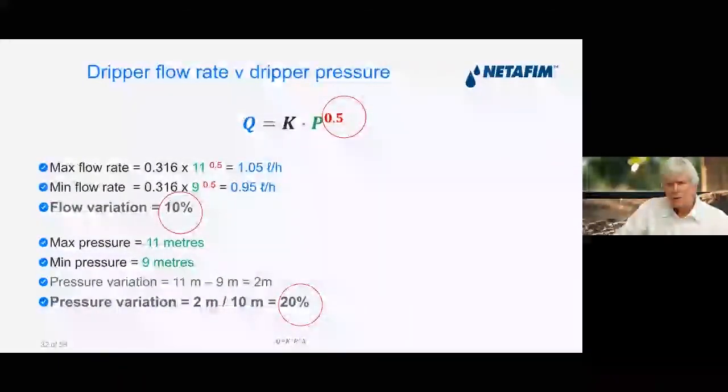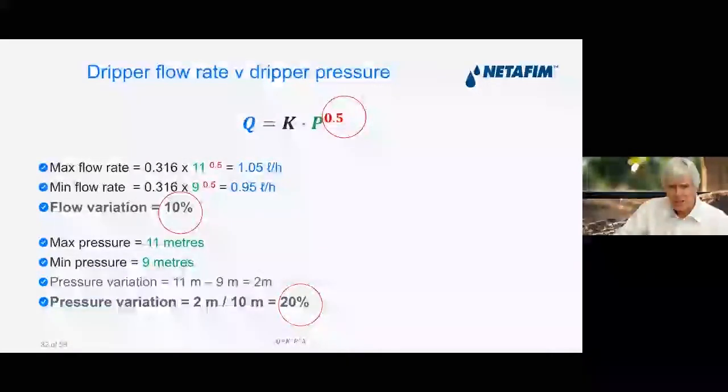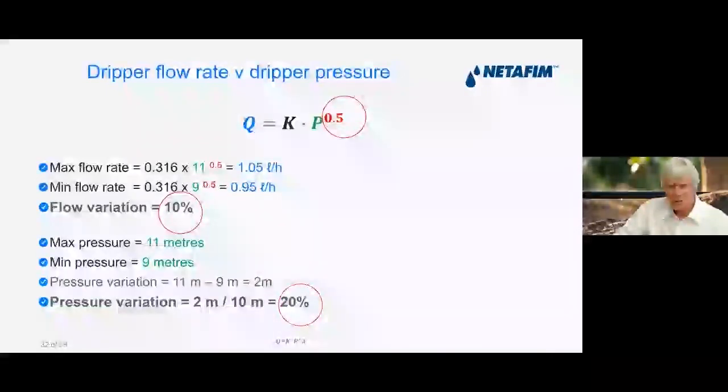So if we see our exponent is 0.5, flow variation is 10%. If we take the pressures that we just calculated, 9 and 11, 9 subtracted from 11 equals 2 meters. 2 meters divided by our nominal pressure, which is 10 meters, is 20%. So what it means is that you can see that when our exponent is 0.5, for a 10% flow variation, we have a pressure variation of 20%.